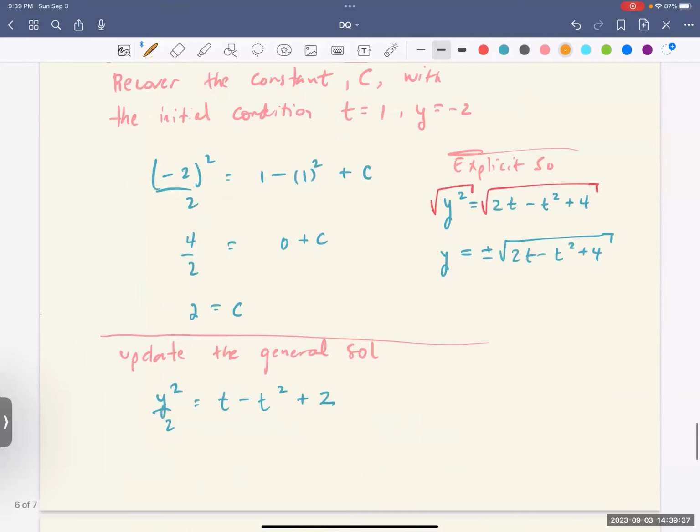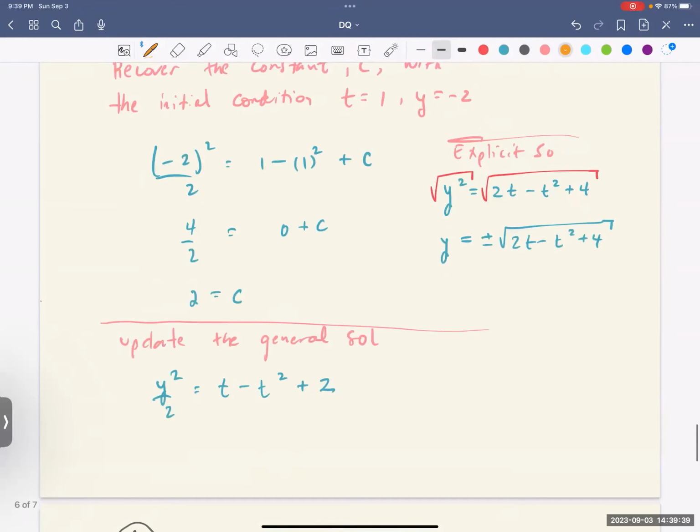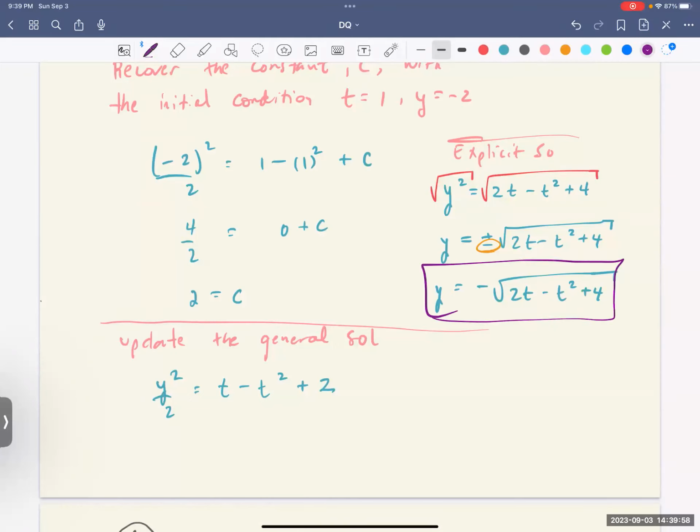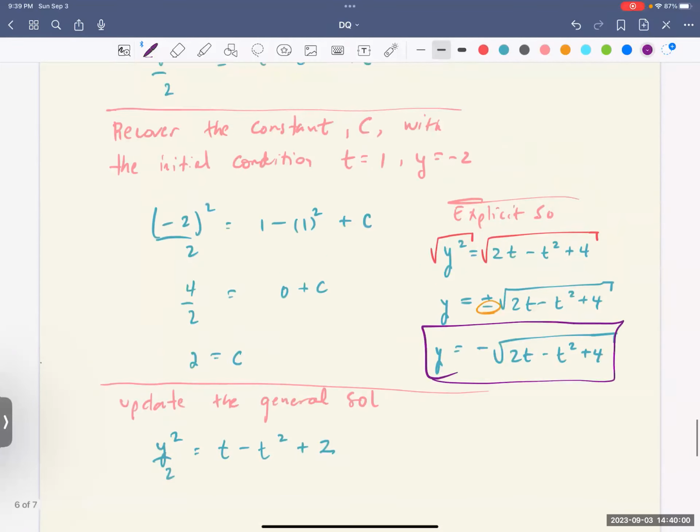That means we need to keep the negative value in our solution, and our explicit solution will be negative root 2t minus t squared plus 4, negative again to match the negative output in our initial condition.